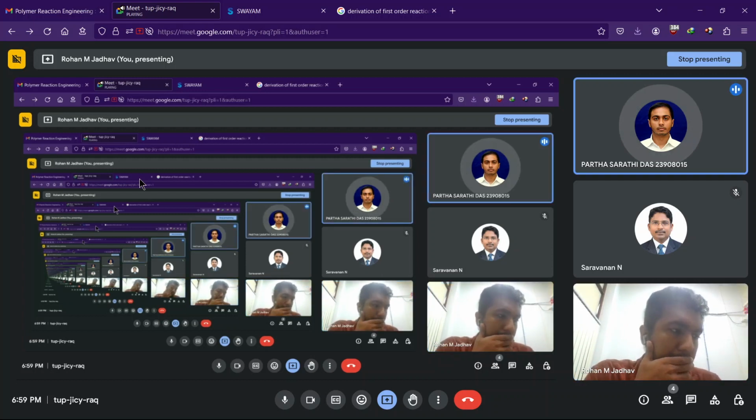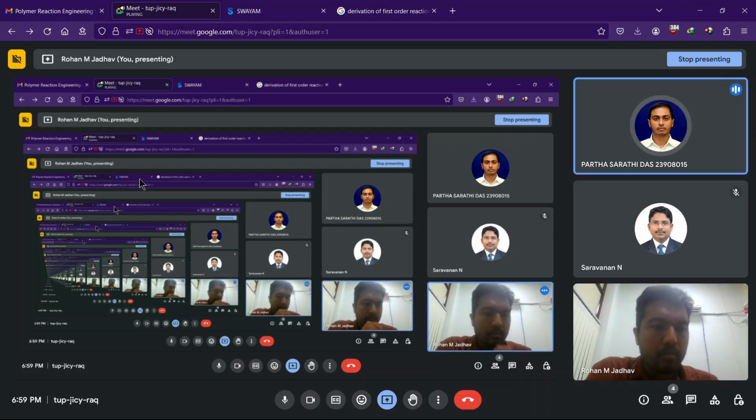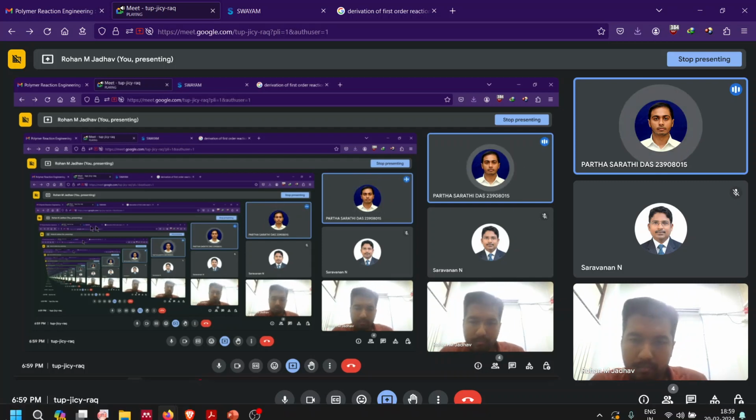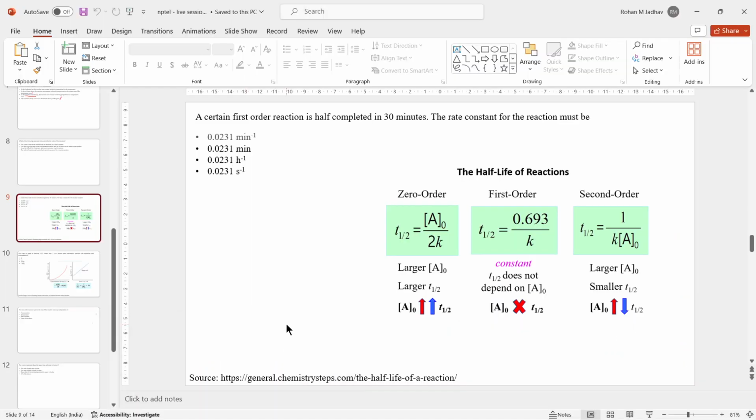Actually, sir, it is a general expression. While solving, it should come like this because up to the second last or third last step, my expression is similar to the expression in the lecture.